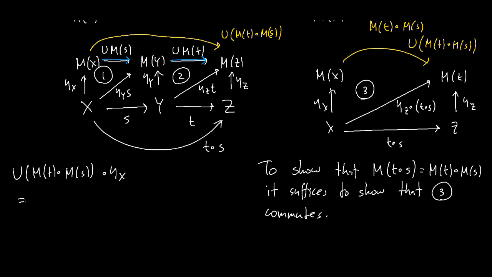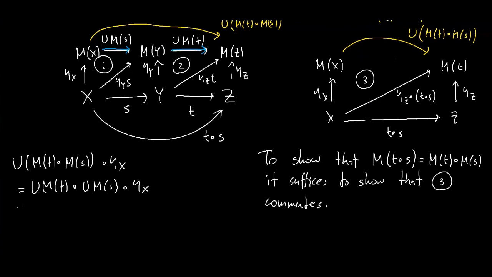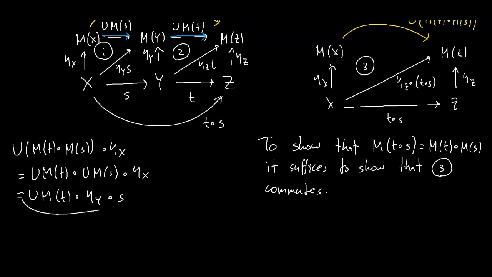Let's compute what that is. Because U is a functor, it's the same as U of M of T composed with U of M of S. And because of associativity of composition, I don't keep track of brackets. And then I am going to evaluate this composite here. So it's U of M of T composed with eta y composed with S. And now I can evaluate this one here.